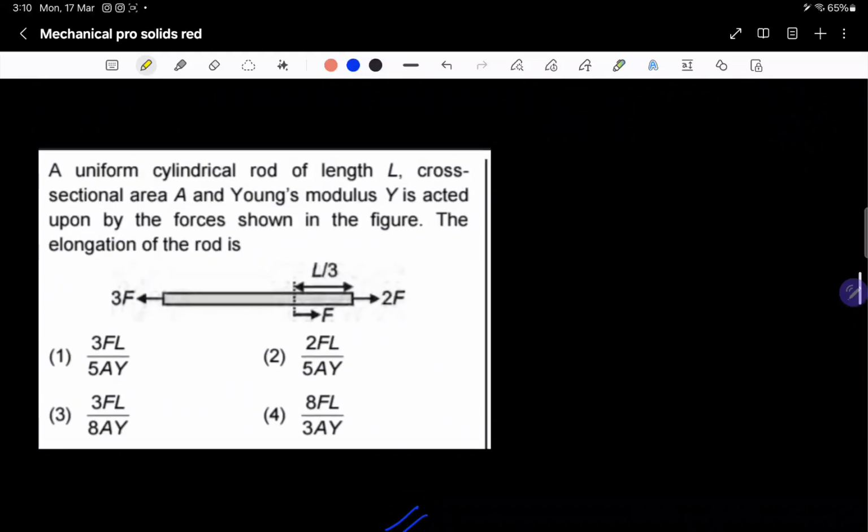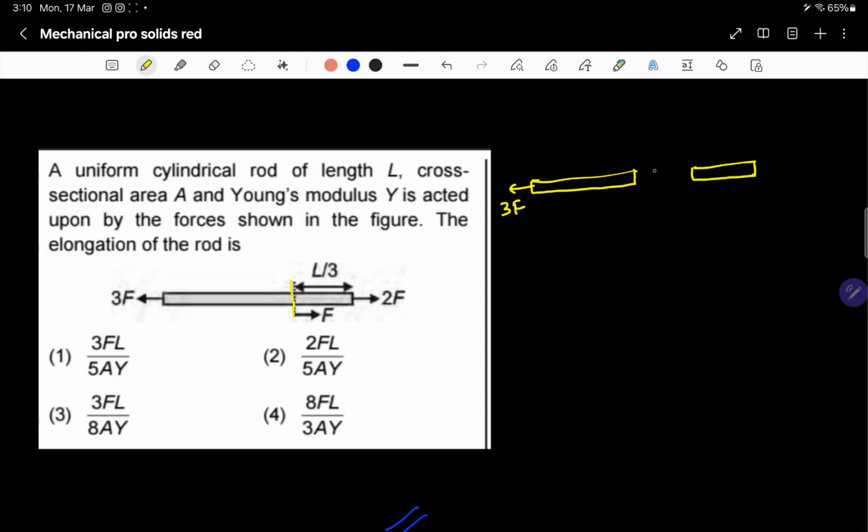Next question. A uniform cylindrical rod of length L, cross sectional area A, Young's modulus Y, is acted upon by forces. Yes, equilibrium condition, students. So now I am splitting the rod into two parts, the first part and the second part of the rod. Here the force given in the question is 3F.